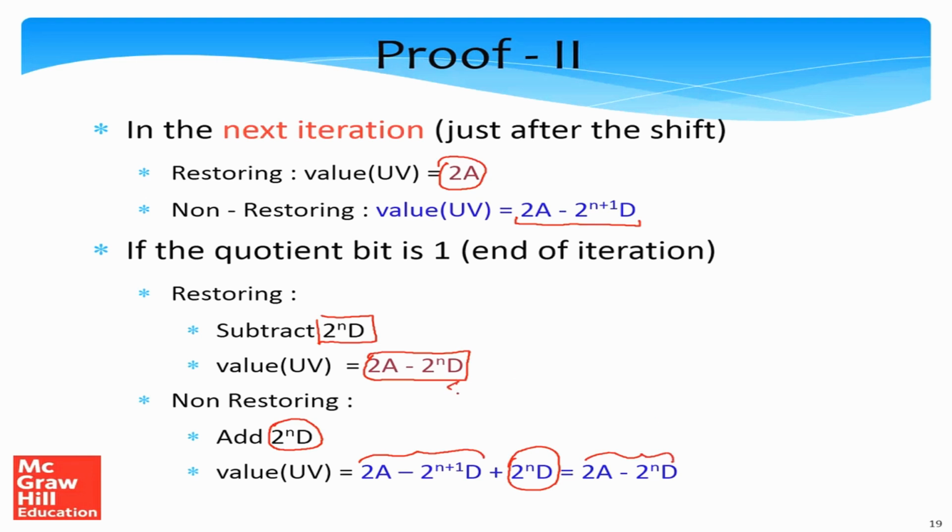As we can see, this is equal to this, which means that whenever we set the quotient bit to 1, the state of the restoring and non-restoring algorithms becomes the same. And since the restoring algorithm computes the right results, we also compute the same set of results in terms of both the quotient as well as the remainder.